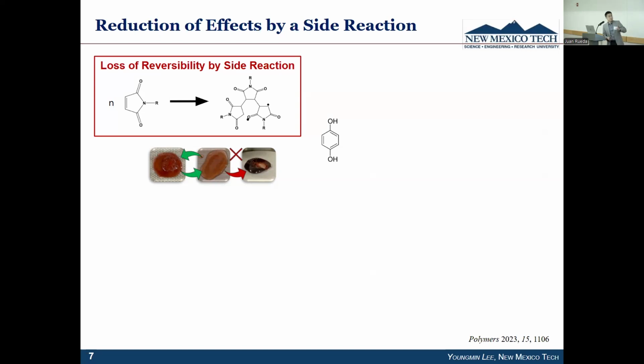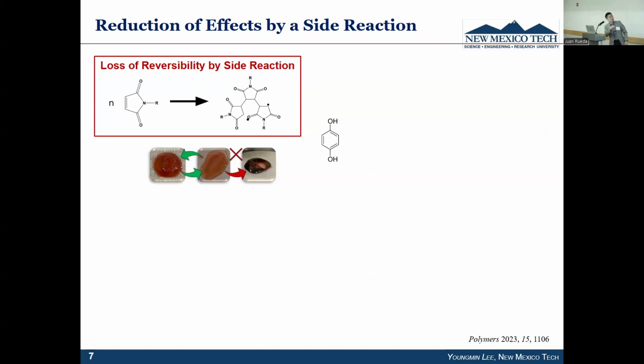In this project, we identified that this is due to a certain side reaction. Our intention is that the furan group reacts with the maleimide group, and when they detach, the maleimide group reacts back with the furan group. This is what we want. But once they are freed, the maleimide group can react with another maleimide group.